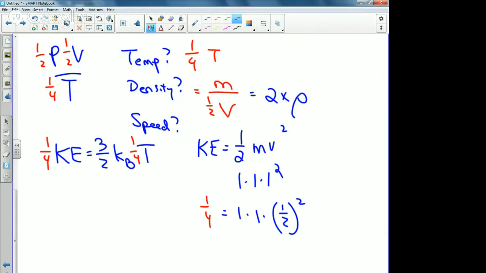But really, square rooting fractions is the same thing as square rooting a regular number. Square root of 4 is 2. Square root of 1/4 is 1/2. Anyway, in this case, the speed is half of its original amount. 1/4 kinetic energy, half the speed. Okay, hopefully that was hard.